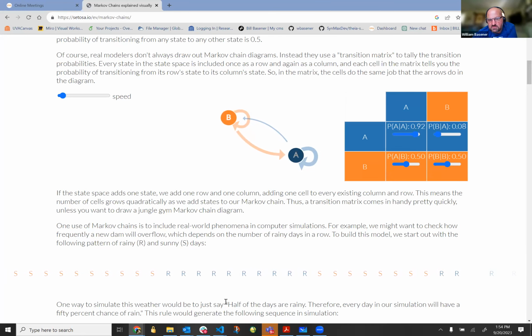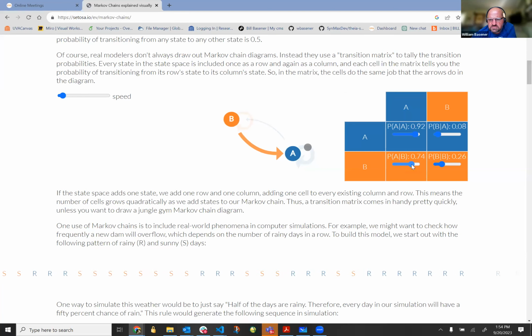I was going to say it's probably going to be pretty boring, but the way random things work, sometimes they switch. 92% is about 9 out of 10, so once you have a blue one here, there's maybe a 90% chance or so that the next one's going to be blue.